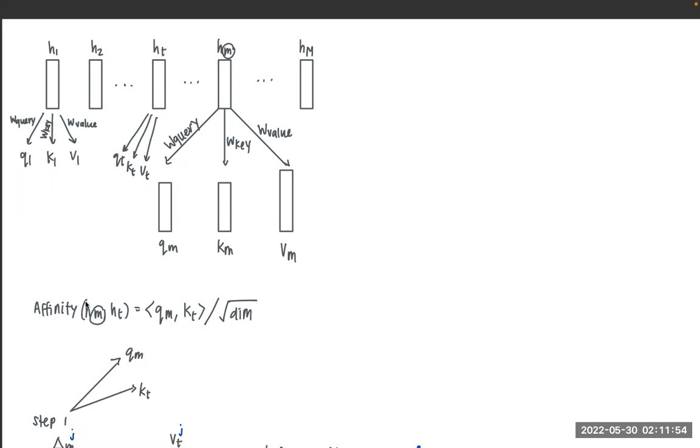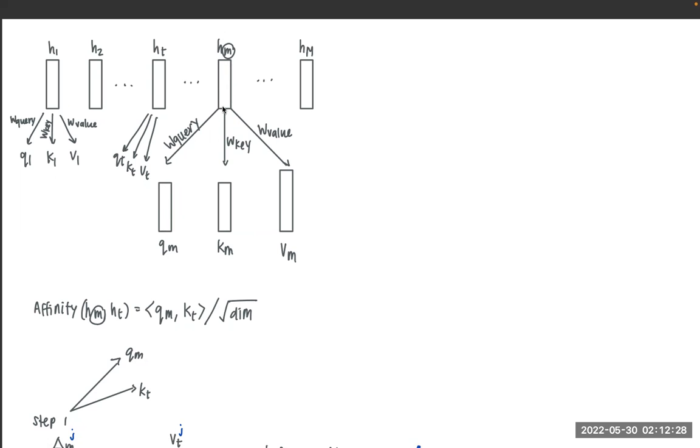So this affinity of HM and HT is actually computed by a certain inner product between a query vector and a key vector. So here you have this H vector, right? And then you can extract a query vector by multiplying a matrix W, called W query, to this vector. So you get another vector, which may not be the same dimension as the H vector, maybe of a lower dimension.